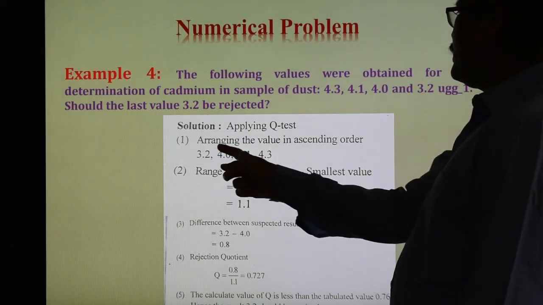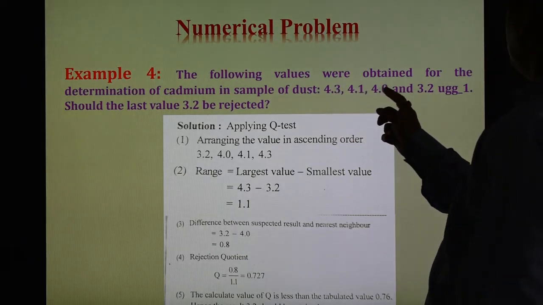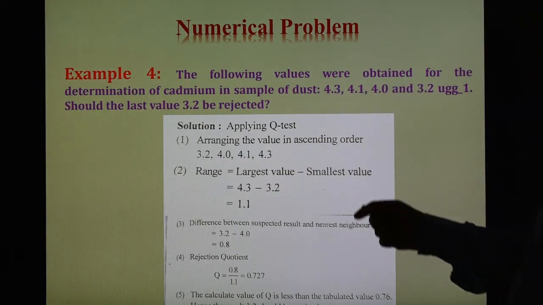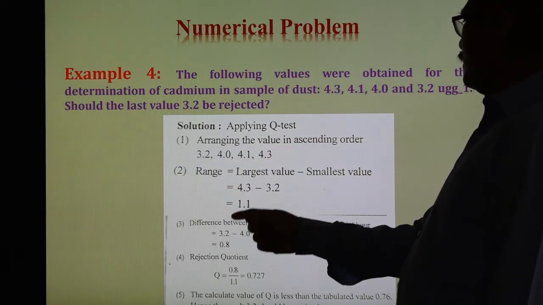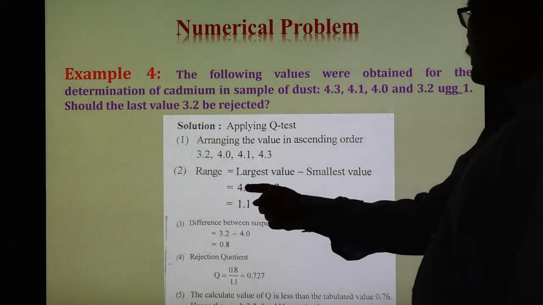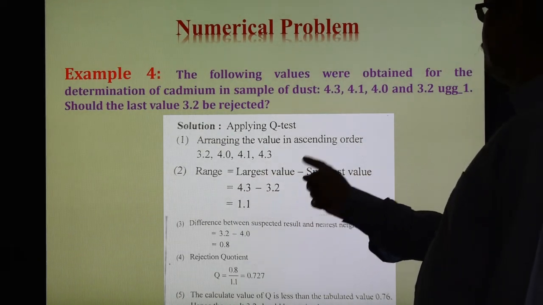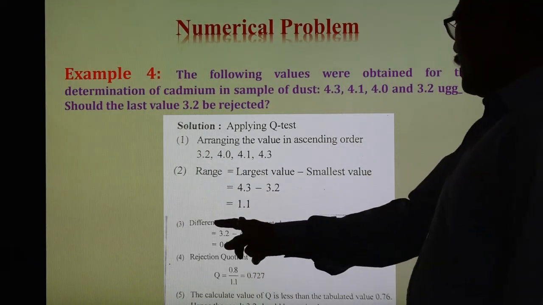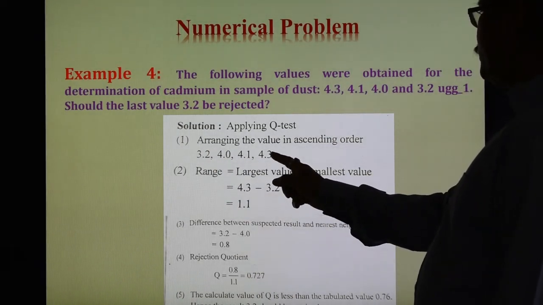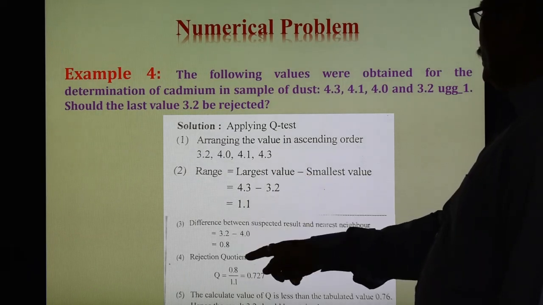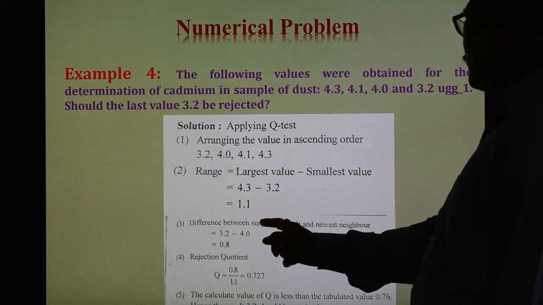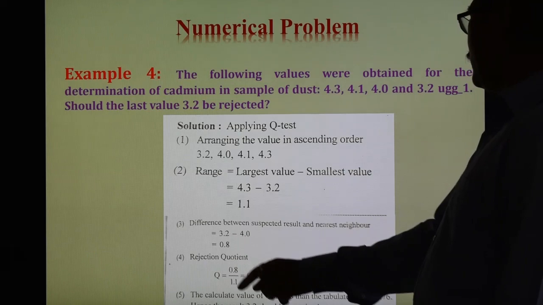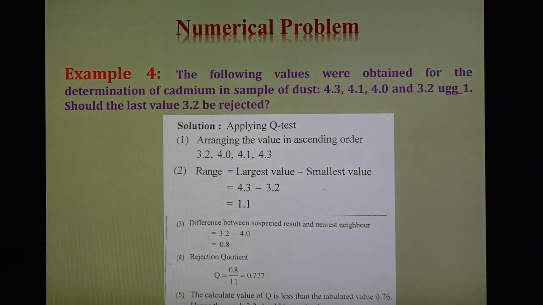So applying the Q test, arrange the 4 values in ascending order. After that find the range: largest value minus smallest value, 4.3 minus 3.2, is 1.1. Find the difference: this suspected result 3.2 and its nearest neighbor 4.0.